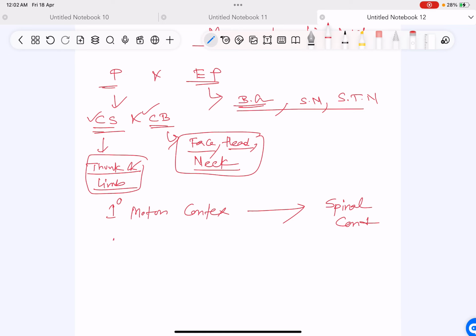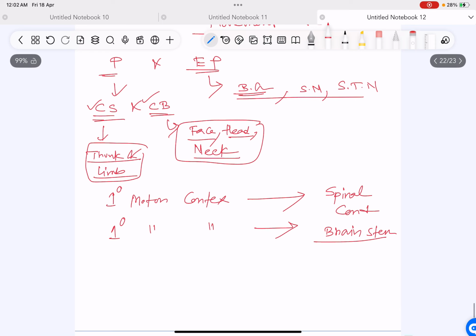But the corticobulbar tract goes from the primary motor cortex up to the brainstem. Brainstem, because brainstem has your midbrain, pons, and medulla. So they end in the brainstem, that is your midbrain, pons, and medulla.